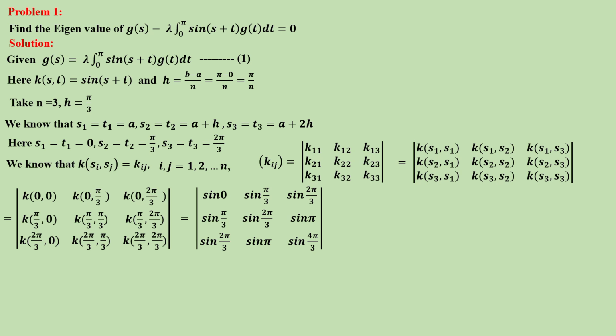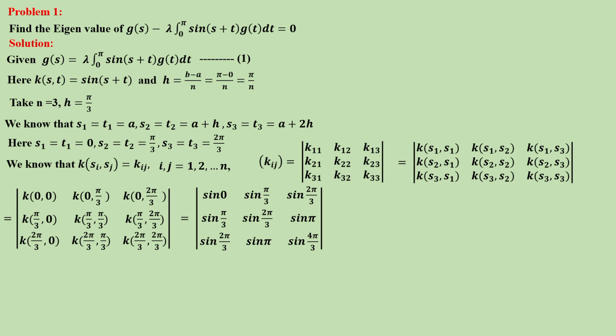We know k(s, t) is sin(s plus t). Putting s equal to 0, t equal to 0, the first value is sin(0 plus 0), sin 0. Next, 0 plus pi by 3 gives sin pi by 3, 0 plus 2 pi by 3 gives sin 2 pi by 3, then pi by 3 plus 0 gives sin pi by 3, pi by 3 plus pi by 3 gives sin 2 pi by 3, pi by 3 plus 2 pi by 3 is 3 pi by 3, that is sin pi.